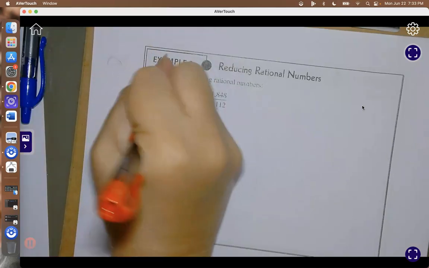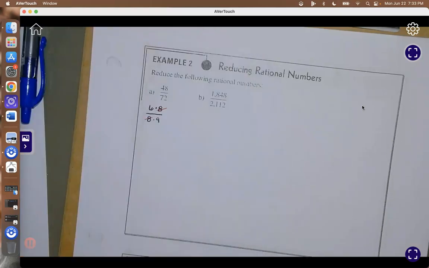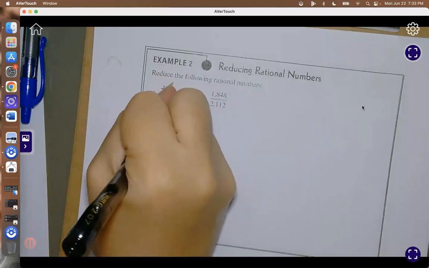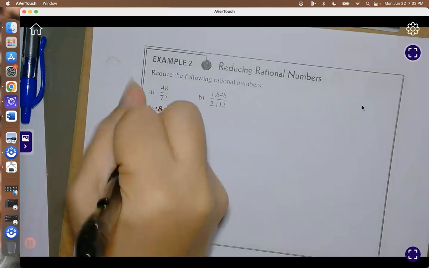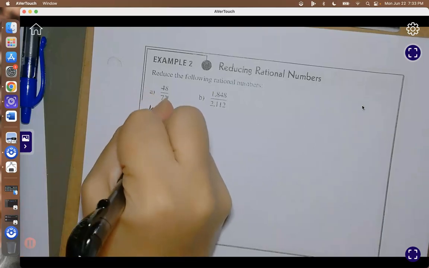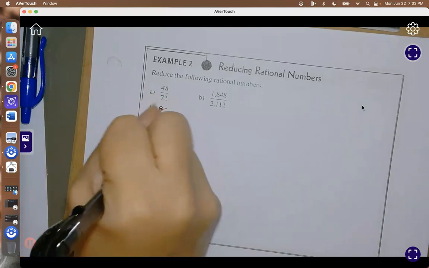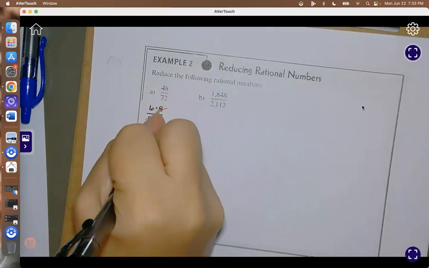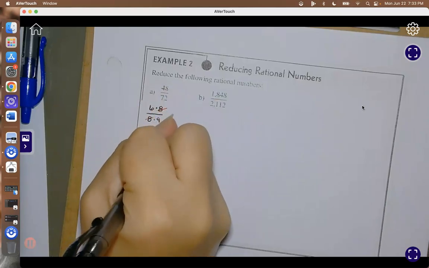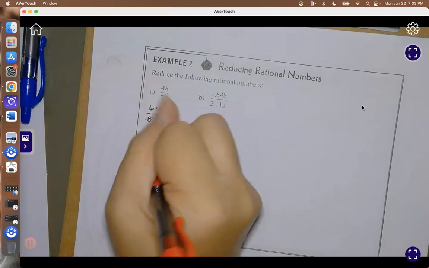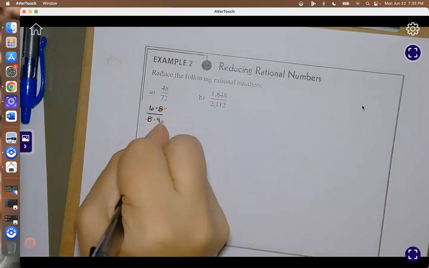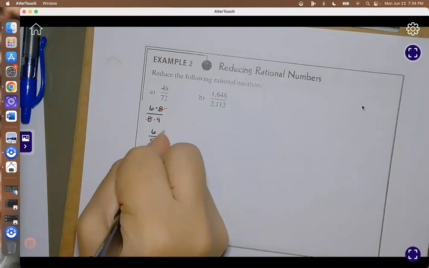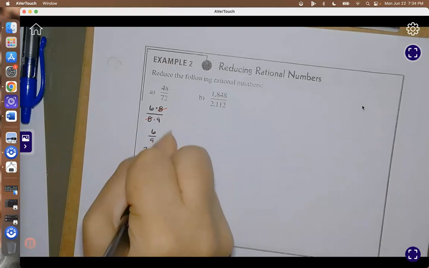So the 8's cancel, and we're left with 6 times 9. But we can reduce this again, because 6 is 2 times 3, and 9 is 3 times 3. This allows us to cancel the 3's. So the answer to this problem is 2/3.